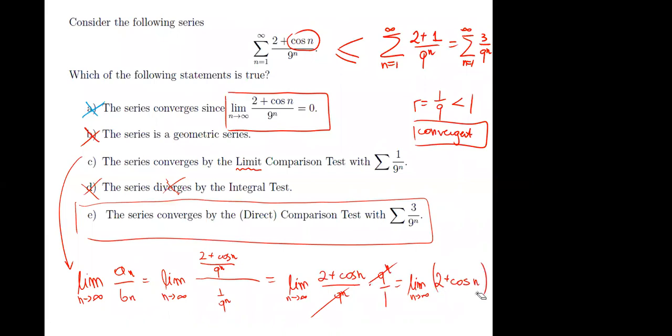And since cosine at infinity is like +1, -1, +1, the answer will be 2 plus 1, it's 3. 2 minus 1, it's 1. Of course, we can't say that. We're just saying that the limit is undefined. We can't really use that. We do have a proof. Okay? I just wanted to show you.